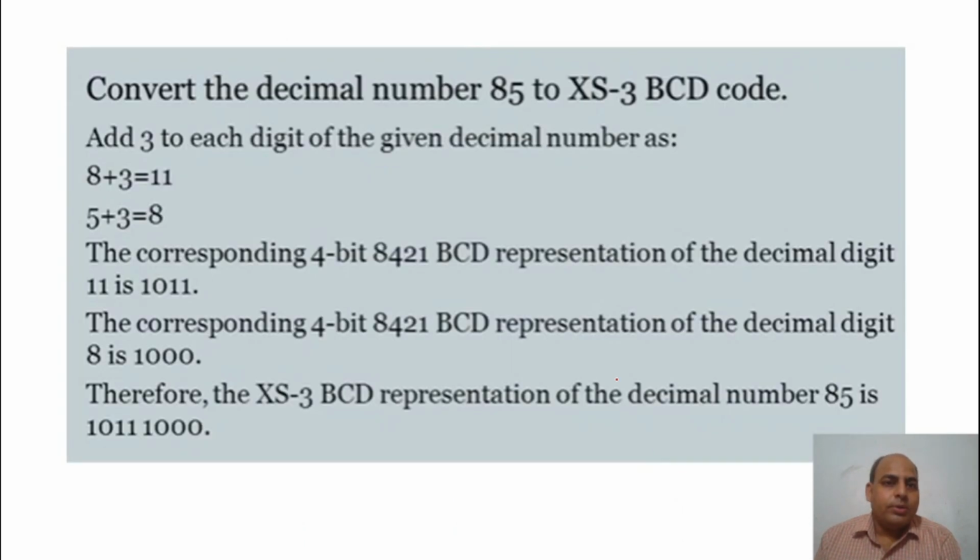Now suppose we have a decimal number 85 and we want to convert it into XS3 BCD. Then how can we convert? Simply, as we have said, XS3 is obtained by adding 3. So 8 is added with 3, making 11, and 5 plus 3 equals 8.